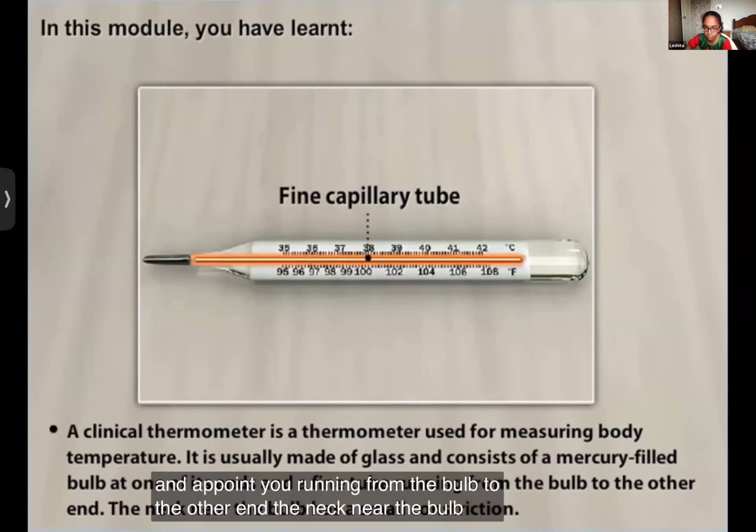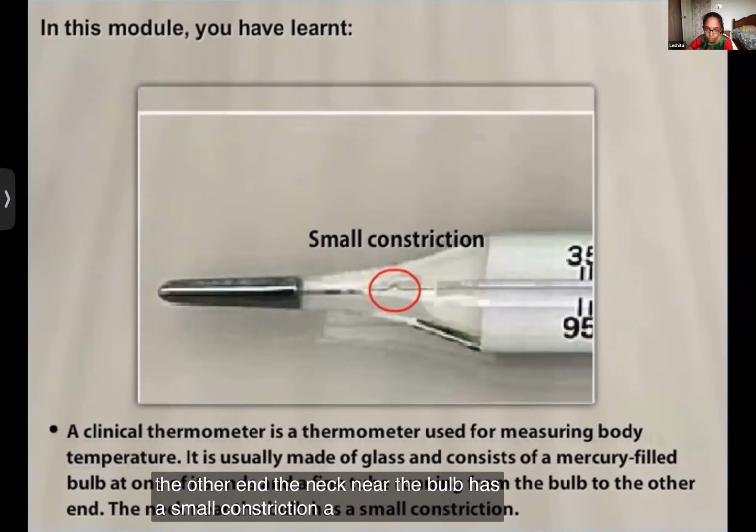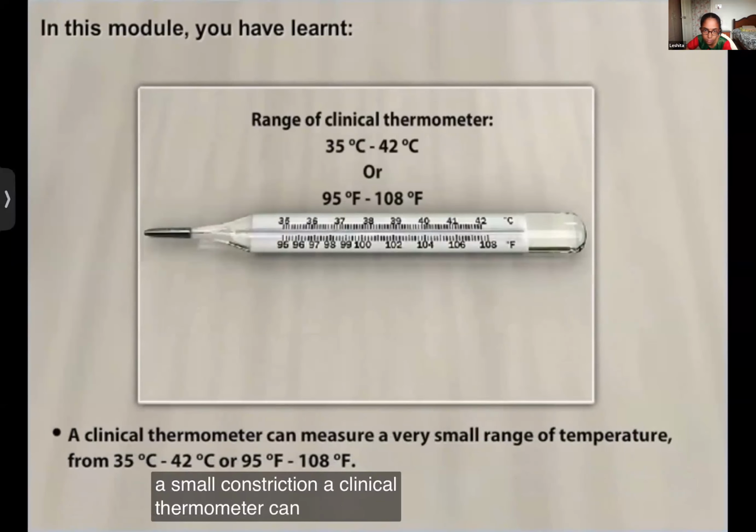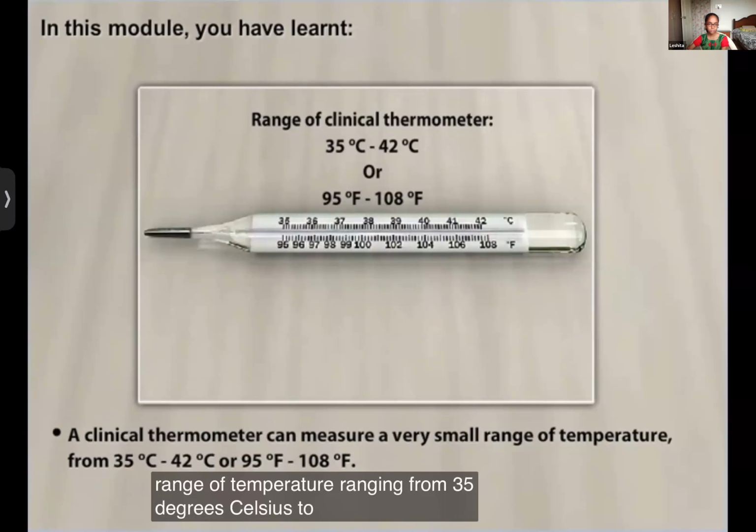The neck near the bulb has a small constriction. A clinical thermometer can measure a very small range of temperature, from 35 degrees Celsius to 42 degrees Celsius, or 95 degrees Fahrenheit to 108 degrees Fahrenheit.